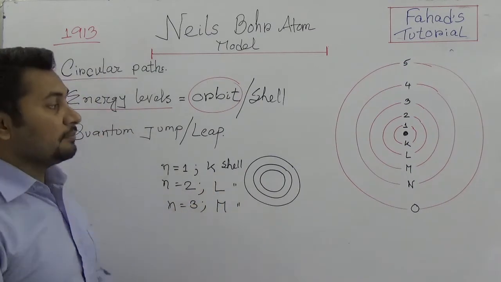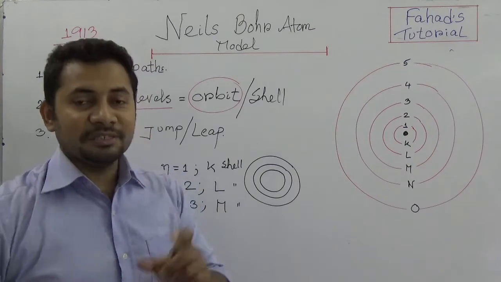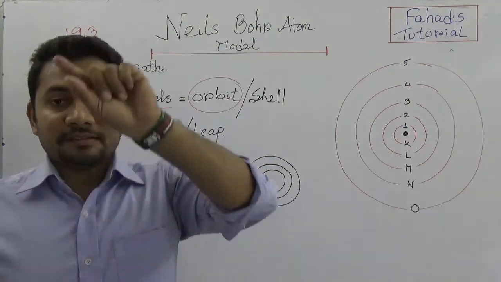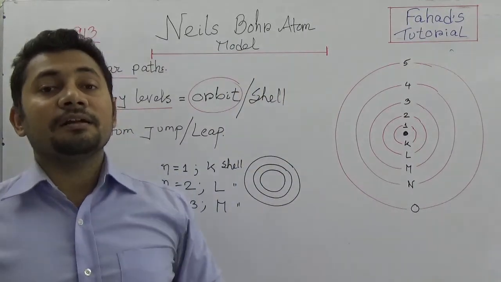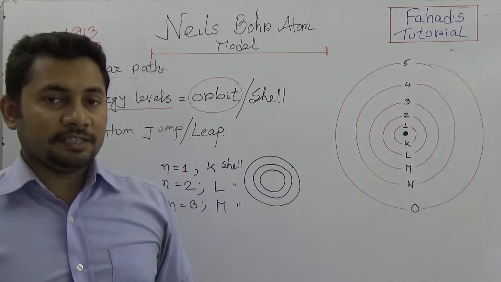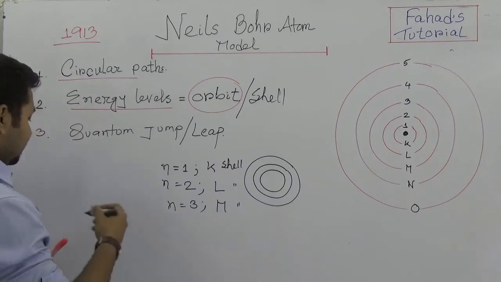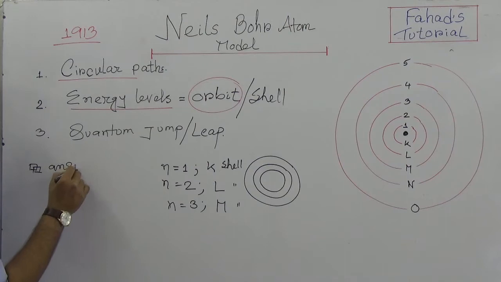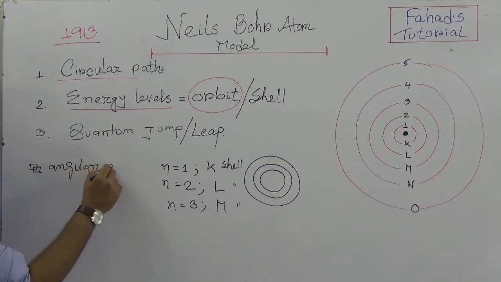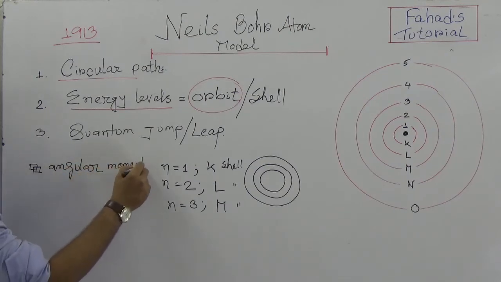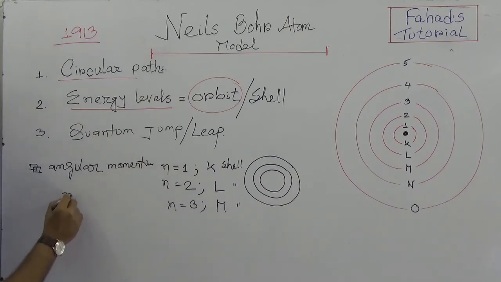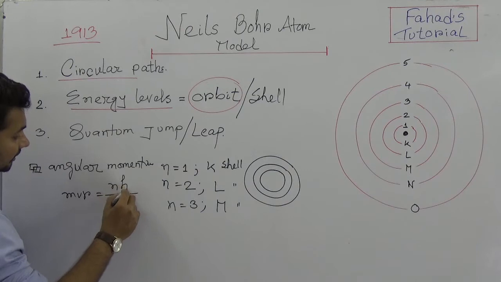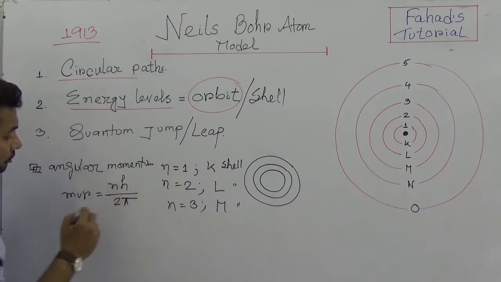And most importantly, when electrons move around in a circular path, there is an angular momentum of the electrons. That angular momentum is very important, and there is an equation: mvr equals nh by 2 pi.